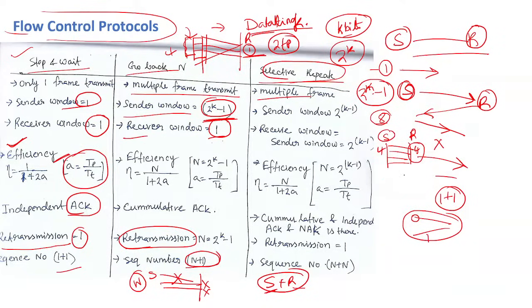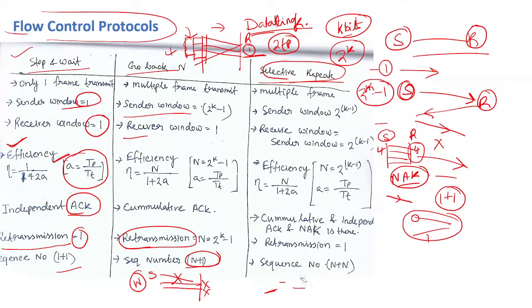If by chance any one is not received, it will send a negative acknowledgement, and it will retransmit only that specific one. Unnecessary multiple retransmission is not there. That's why here the sender window size is 2 to the power k minus 1. Very, very important difference. Understand it carefully and remember it.